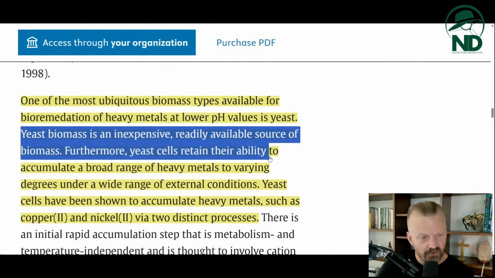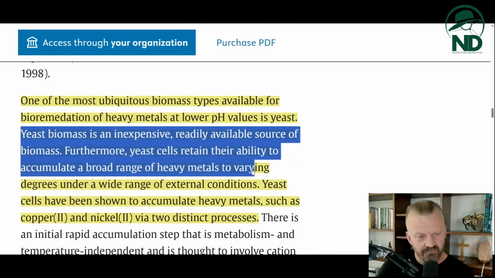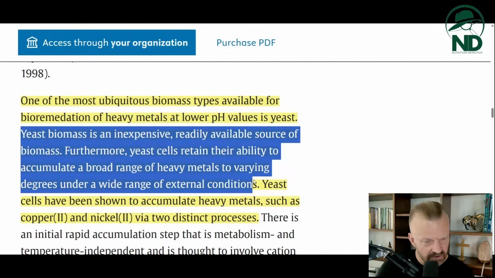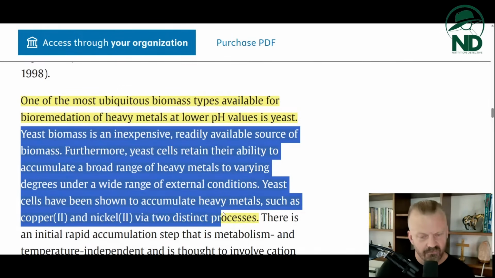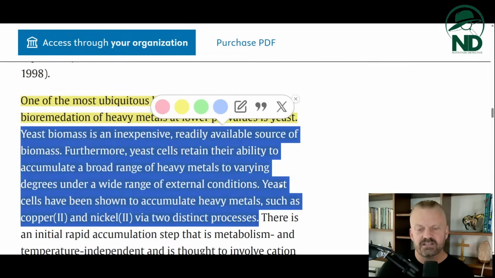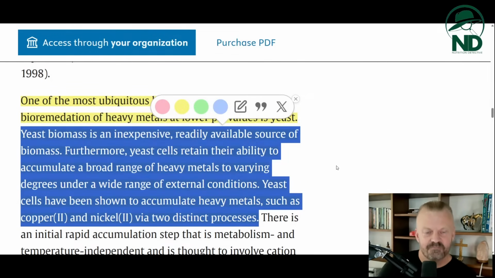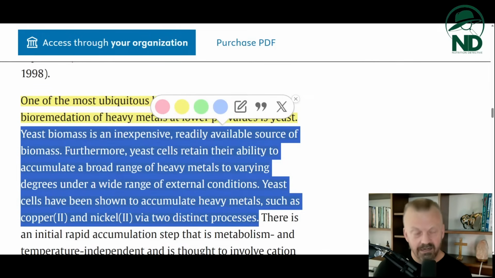Furthermore, yeast cells retain their ability to accumulate a broad range of heavy metals to varying degrees under a wide range of external conditions. Yeast cells have been shown to accumulate heavy metals such as copper and nickel via two distinct processes. They must really like it and need it. So, ladies, if you have chronic yeast problems, you probably have a copper and a nickel problem.